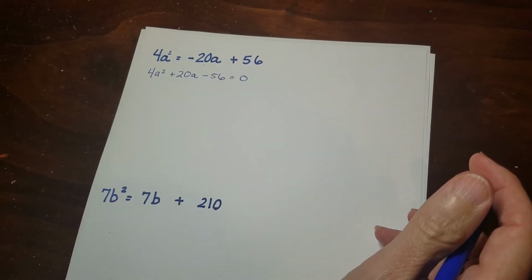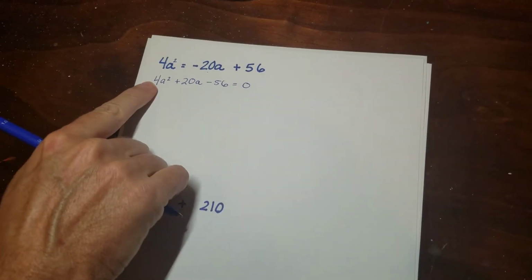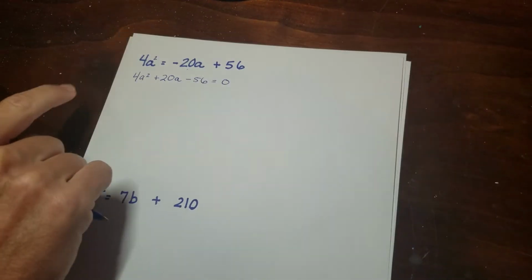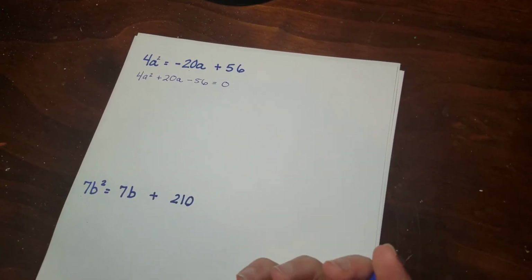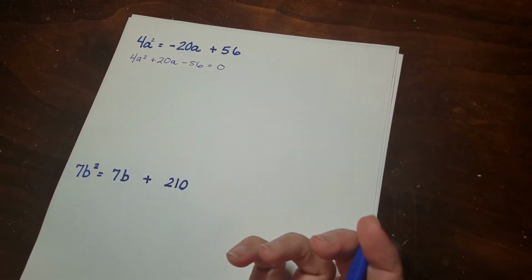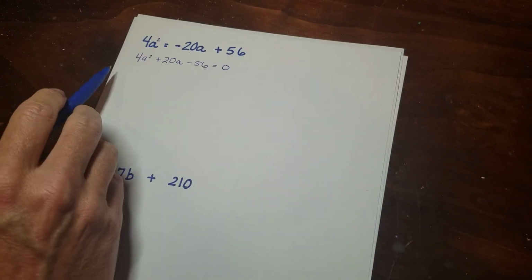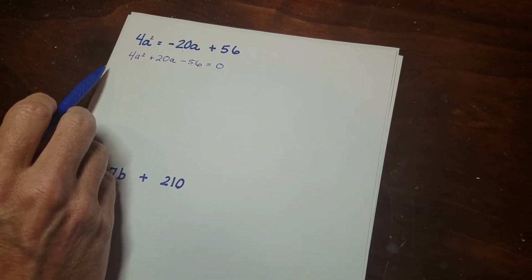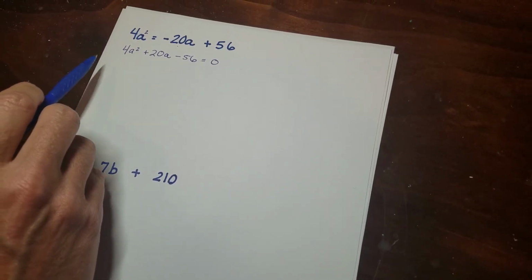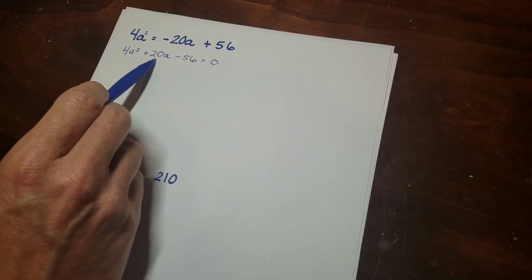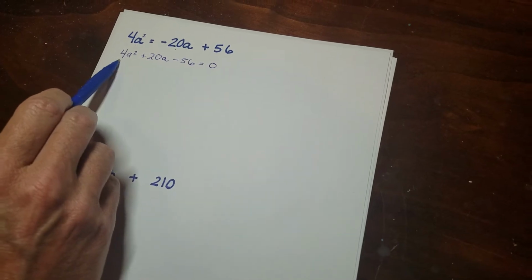The next thing I'm going to do is deal with this 4 here in front of my lead term. Now, this isn't necessarily always true, but it's true of all the ones on this worksheet. And there's another way to do this, which we're going to learn this week, but for now, what I would always try with quadratics is see if you can divide every single term by this number right here.